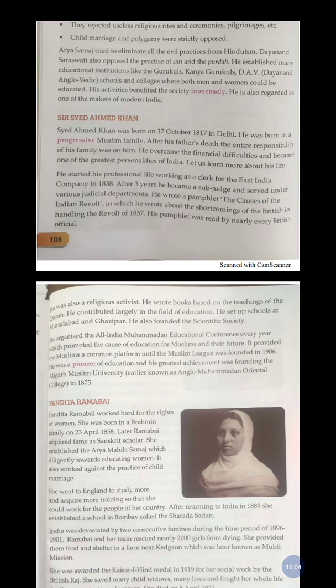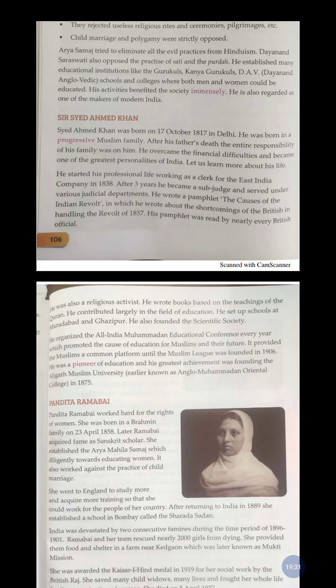He set up schools at Muradabad and Ghaziapur. He also founded the Scientific Society. So, students, where has Sir Syed Ahmad Khan set up schools? He has set up schools in Muradabad and Ghaziapur. Where has he set up his schools? Muradabad and Ghaziapur.